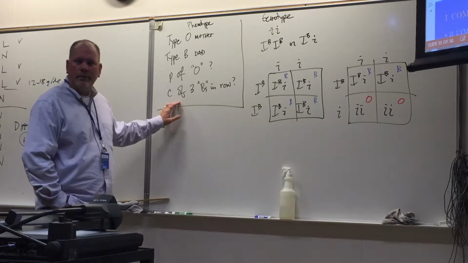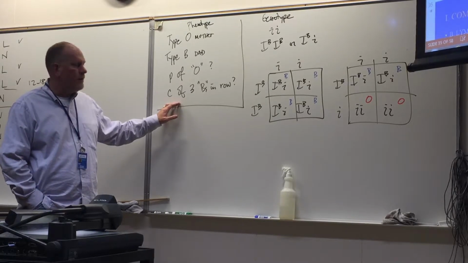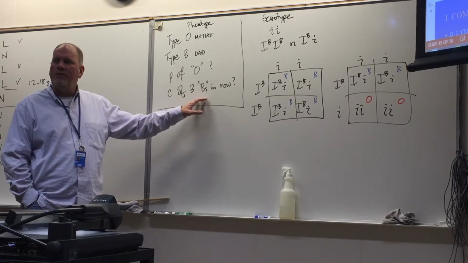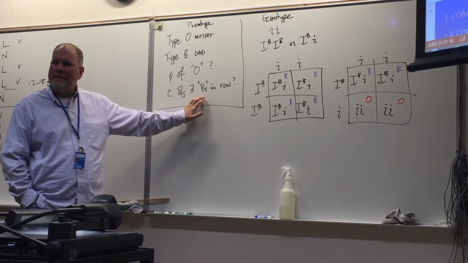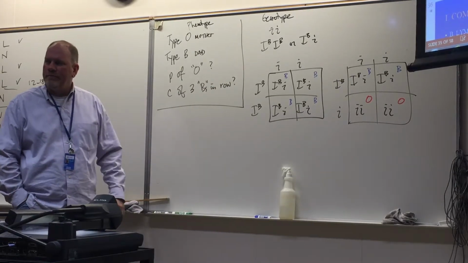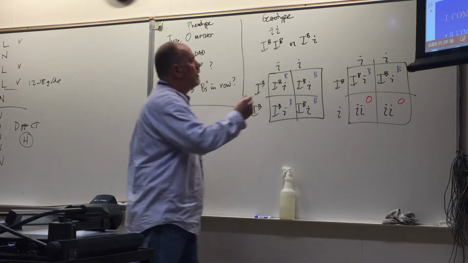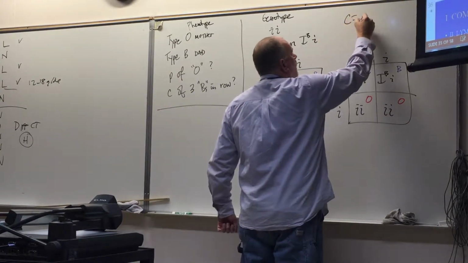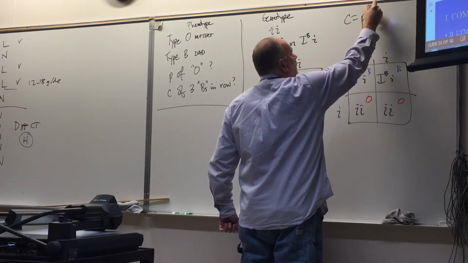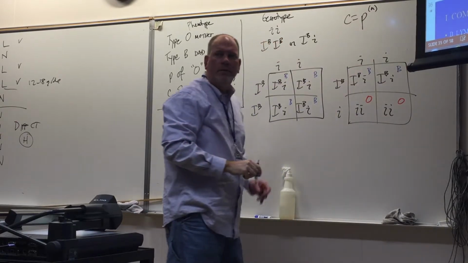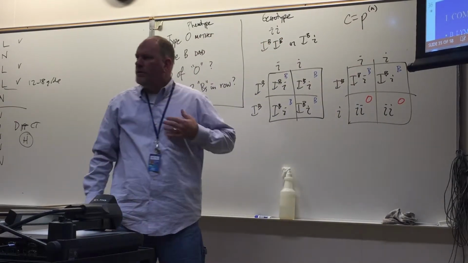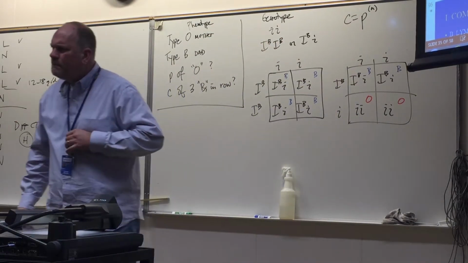Now, second one's a little tricky. Read things carefully. What's the chance of 3 B's in a row? Chance equals probability to the nth power. What's the probability for a B?